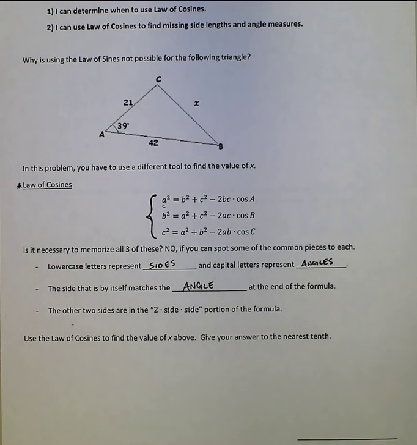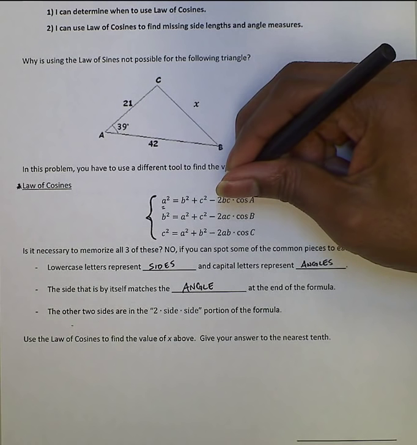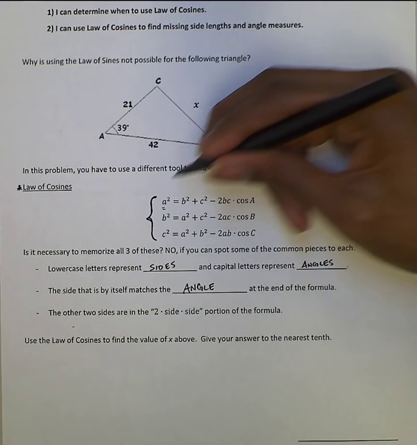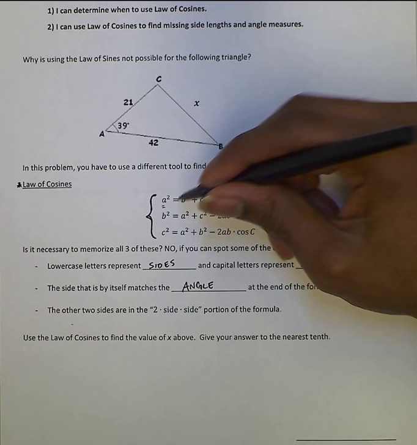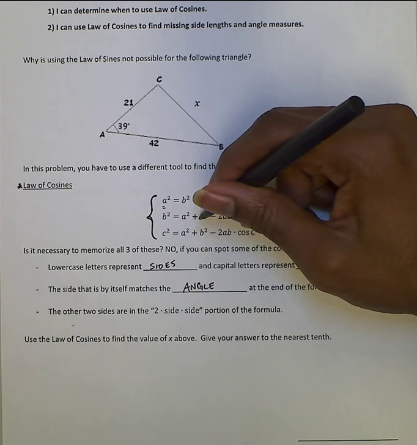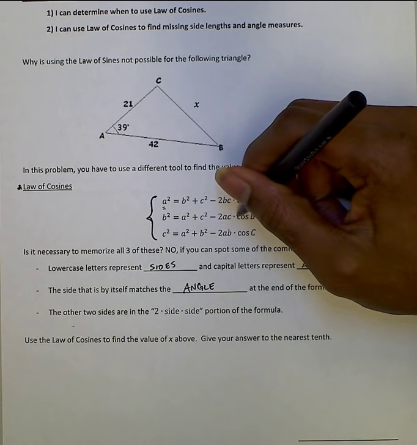The other two sides are in the 2 times side portion of the formula. So 2 times B times C. We're talking about A here, A is by itself, so it would be 2 times B times C. You'll notice that same thing with B. Here we have B squared equals A squared plus C squared minus 2AC cosine B.